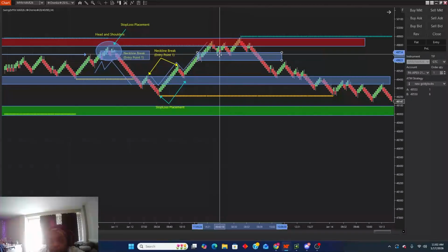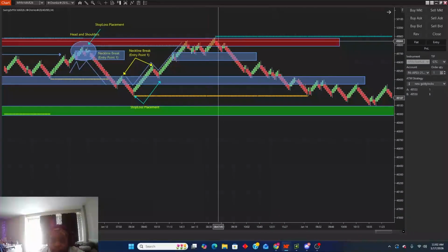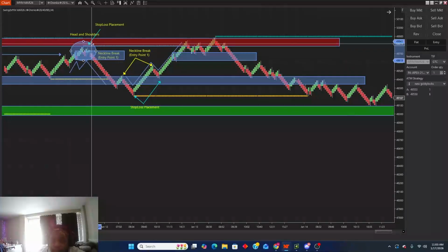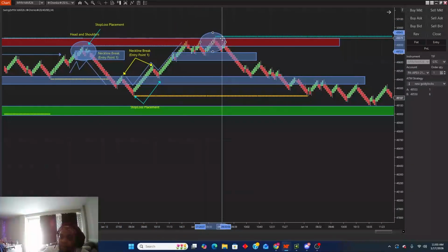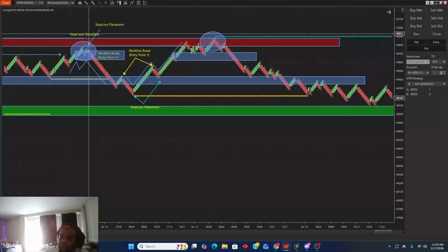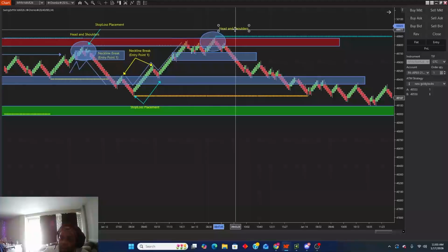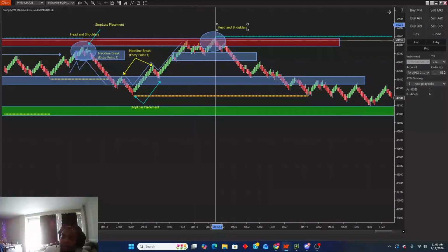So here's what we're going to do. Now, we know this is a floor. Every time price comes here, we're looking for the break. This can either be another head and shoulders. It could be an M, however you look at it. You feel me? But this to me, head, left shoulder, right shoulder.